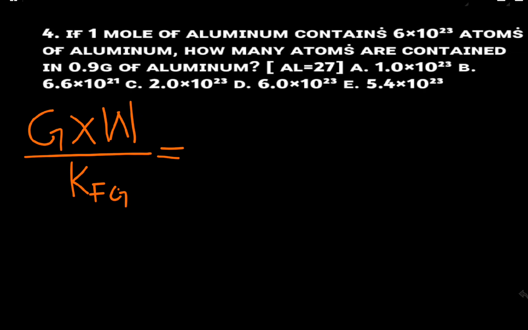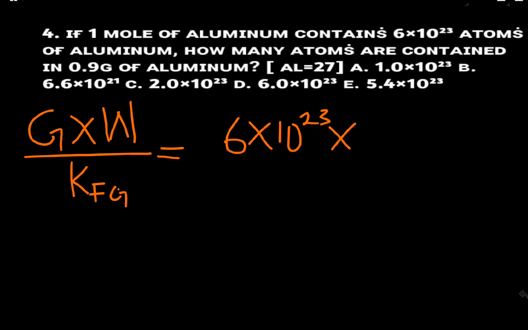So we'll write it here: 6 times 10 to the power of 23 atoms of aluminum. How many atoms are contained in 0.9 grams of aluminum? That is what we want.